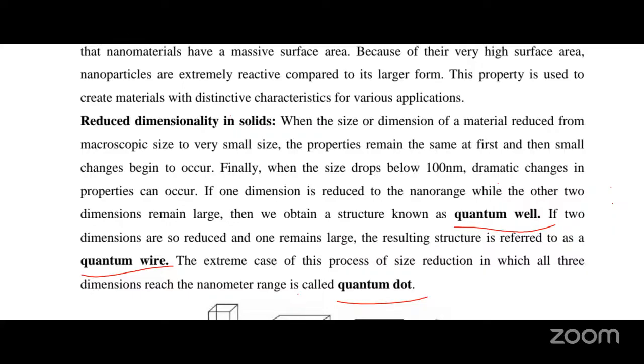Quantum wires means two dimensions are in nano range and one will be above the nano range. Quantum dots means all the three dimensions are present in nano range. These substances are known as zero dimensional, one dimensional, and two dimensional.